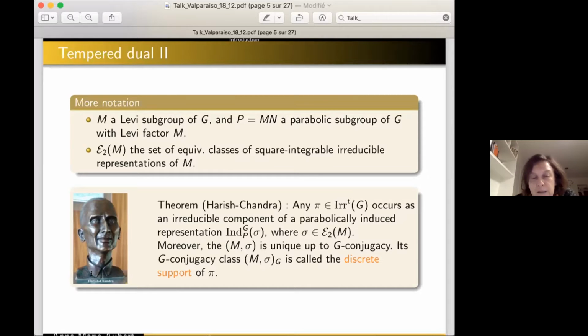I like to think of all the representations which occur as irreducible components of such a parabolically induced representation as representations which have a given color. The idea is that you would like the representations which share the same color to have a nice structure. If you just stick with this, it is too small, so we have too many colors. We would like to put together representations which have kind of similar colors.